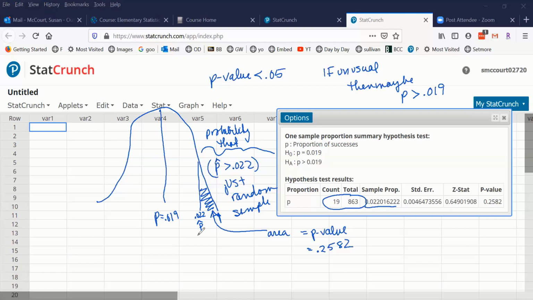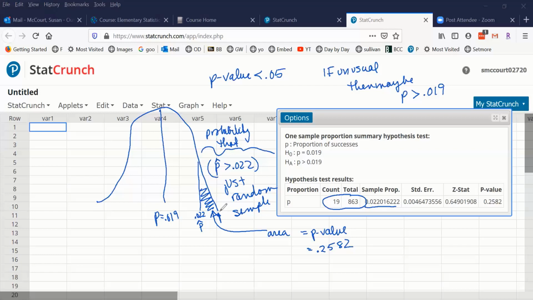In this case, that's what the researcher wanted, and we're not even close to that. It's just not showing it's far enough away. So not only do we want to get something higher, we want to get it high enough that we go, maybe 0.019 is really wrong, and it should actually be higher.